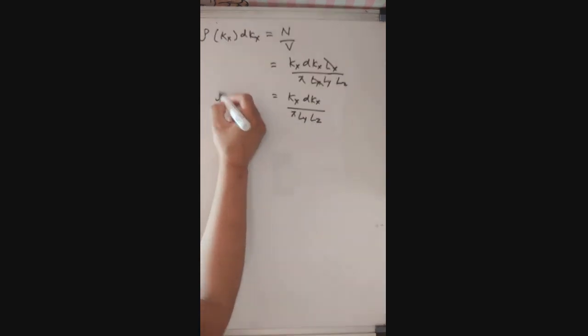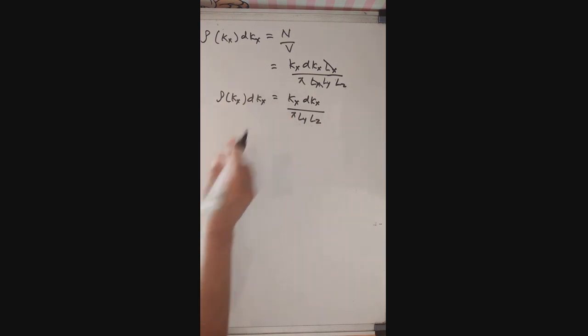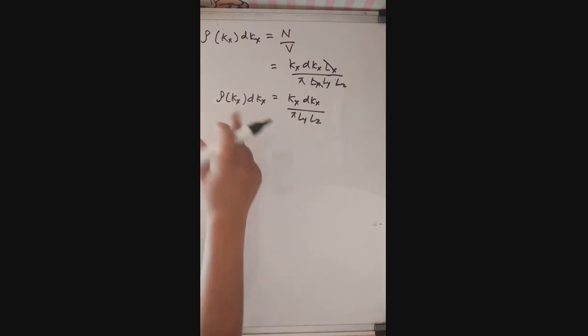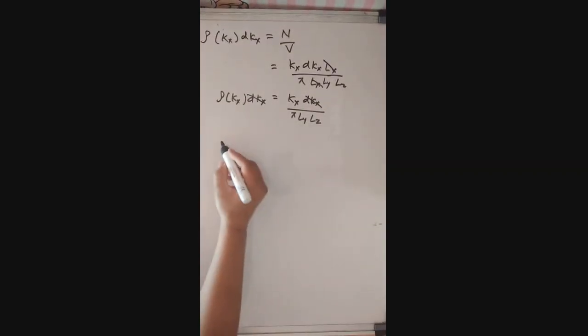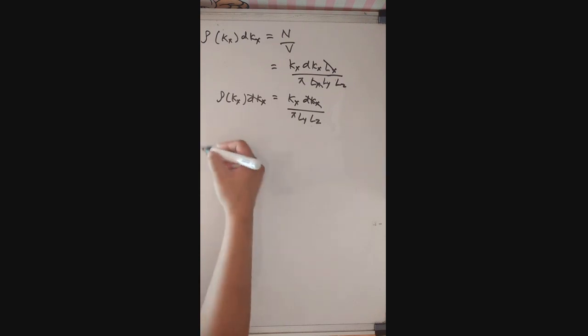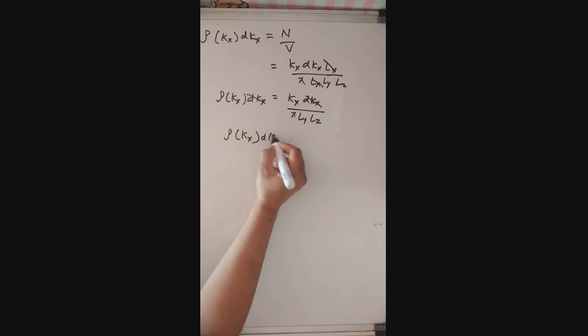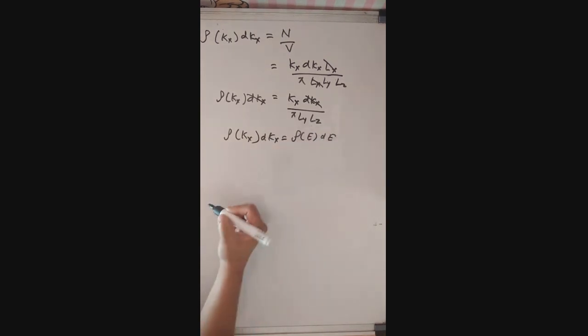So this is the density of states in the x direction that are available in the momentum space. Since we are talking about the k parameter, it is the momentum states available between kx and kx plus dkx. So we get the value of rho kx. Now the next thing we will be doing is using again the same expression, that rho kx dkx equals rho E dE.